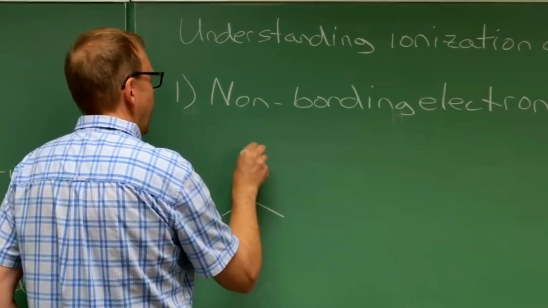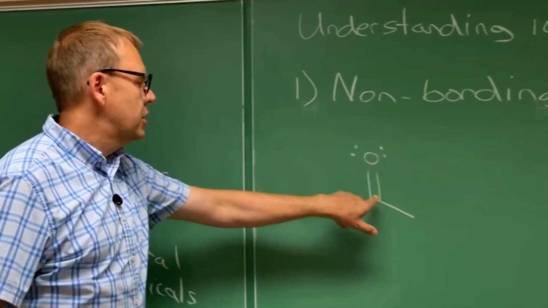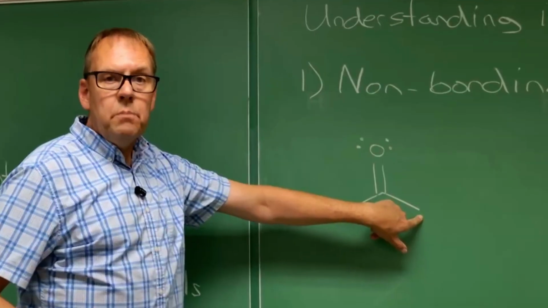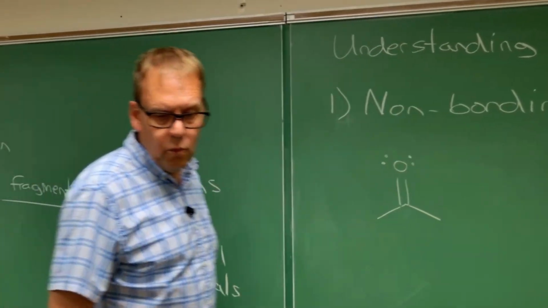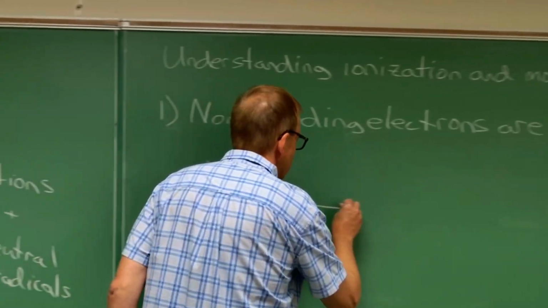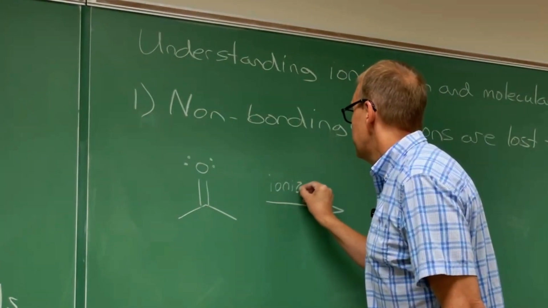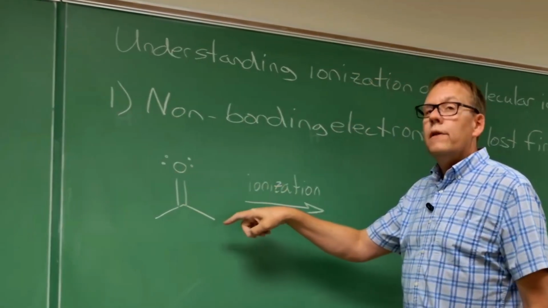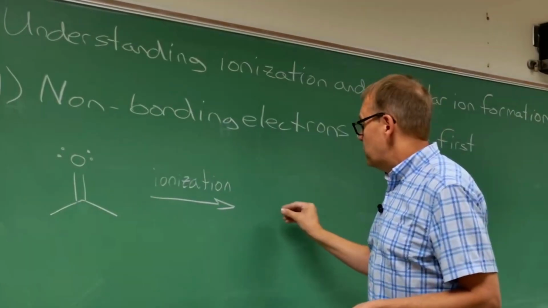So here's an example of a molecule that has non-bonding electrons. This is the molecule acetone. Acetone has an oxygen, a carbon, a CH3 here, and a CH3 here. But importantly for this discussion, it has two lone pairs of electrons. And so when this goes into an ionization chamber in a mass spectrometer, it loses one electron, but it loses one of these out of the oxygen lone pairs. That's what happens first.